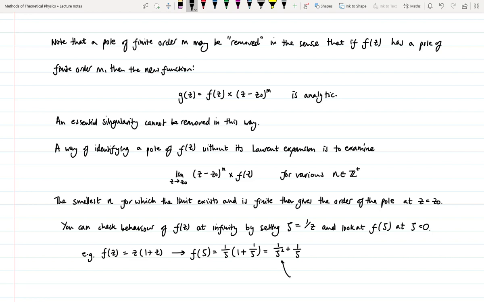And you can therefore spot that this has a pole of order 2 at zeta equals 0, which means that f of z has a pole of order 2 at z equals infinity. And in fact, many functions that look analytic have singularities at z equals infinity.